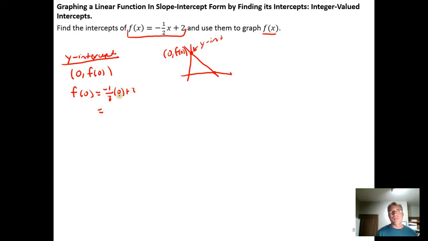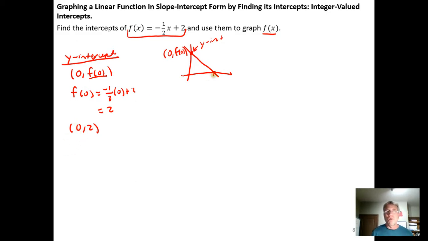But negative 1/2 times 0 is 0, and 0 plus 2 is 2. So when we input 0 into the function, the output f of 0 is a 2, so we get the ordered pair, input 0, output 2, and this is the y-intercept. Again, the y-intercept, the x-coordinate, will always be 0.